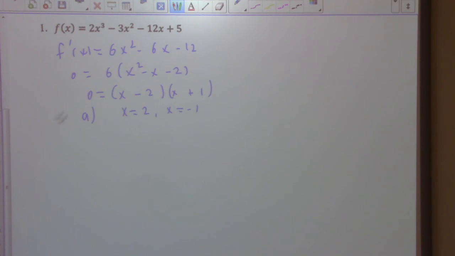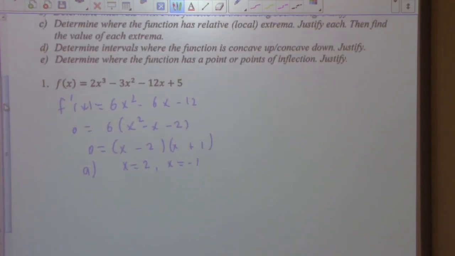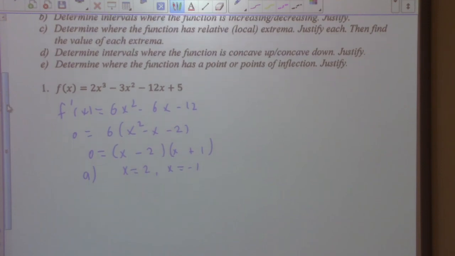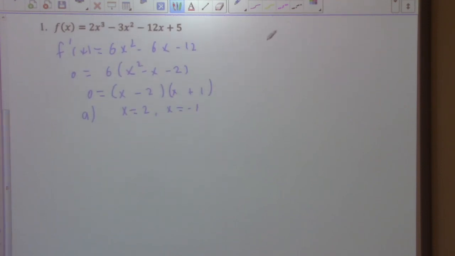Okay. And the next thing is finding the intervals where f is increasing, decreasing. So we come over here and we put up our friend here, right? So here's our f prime, here's our f, and to the left is going to be negative, negative.